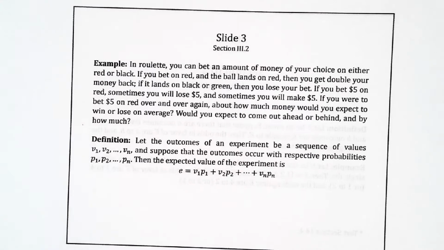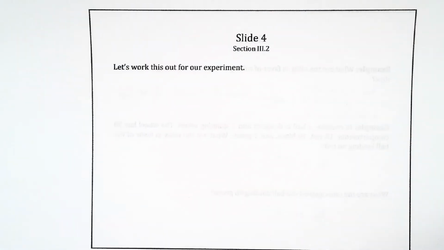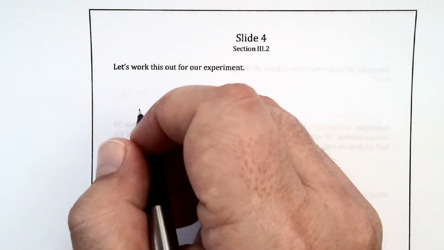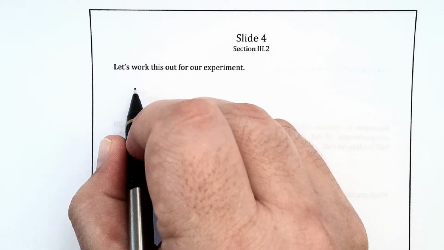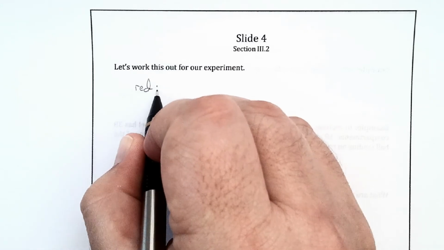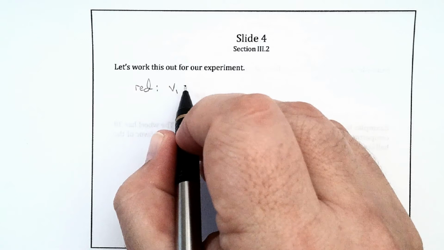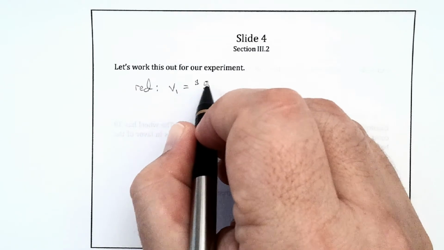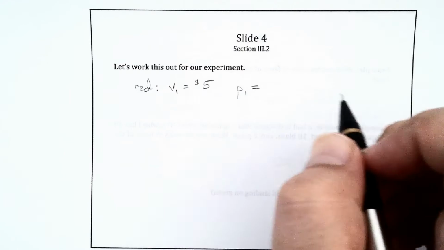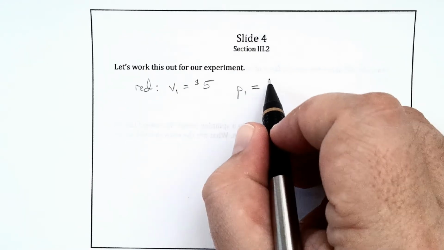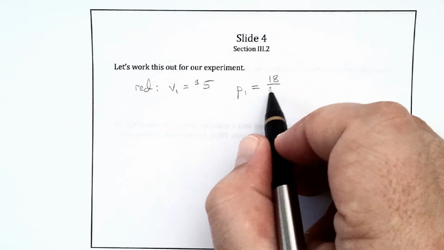Okay, so let's work this out for our roulette experiment. Well, we have two values. If we land on red, then the value is that we make $5. And the probability of making $5 is, well, there's 18 ways to get a red, and there's 38 total.